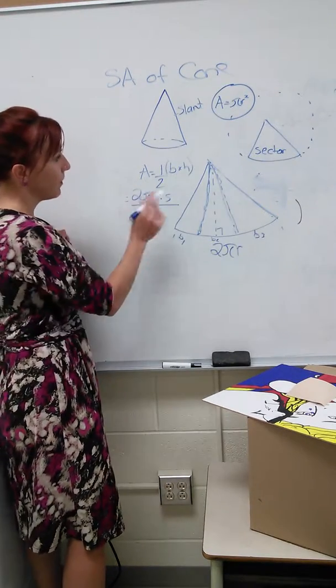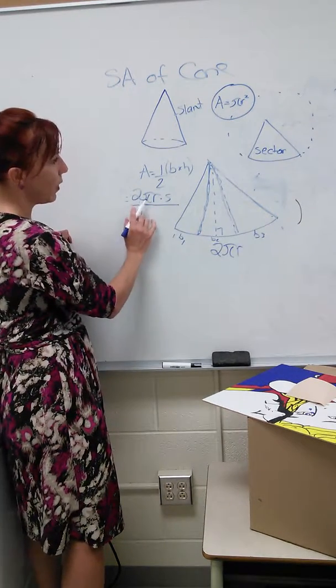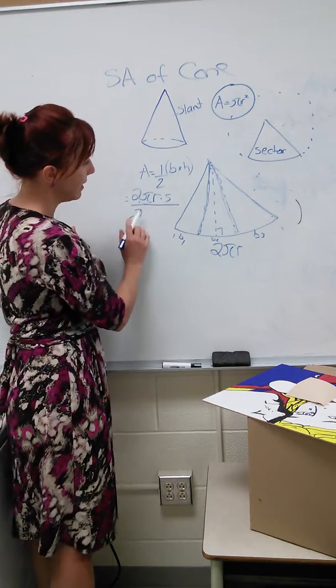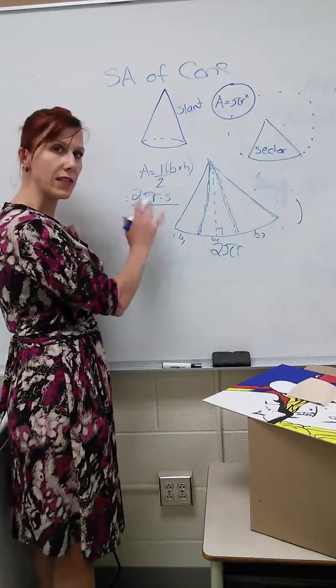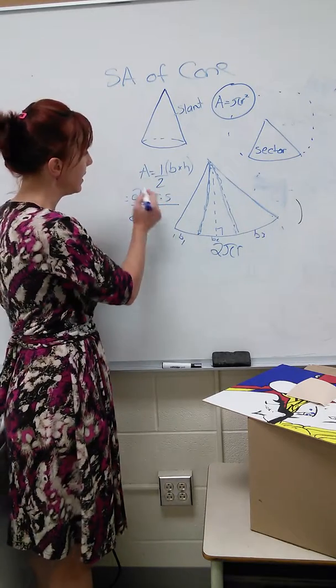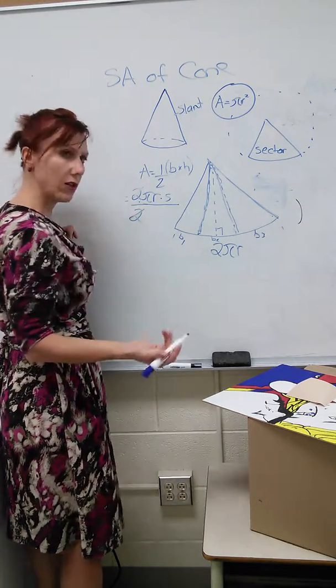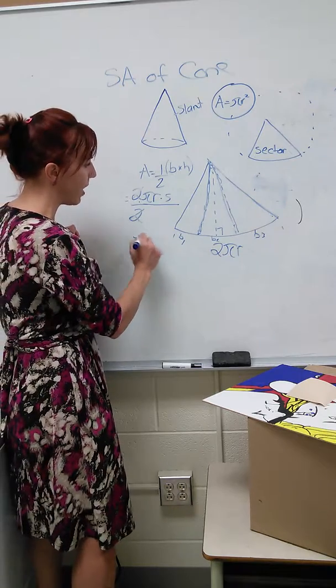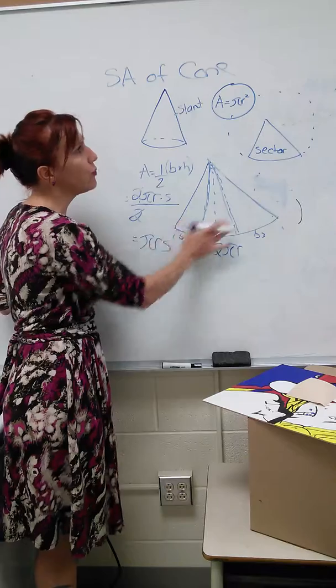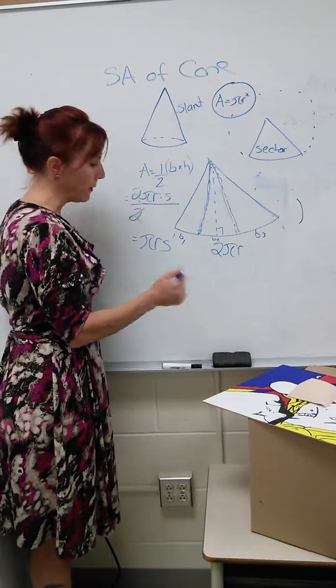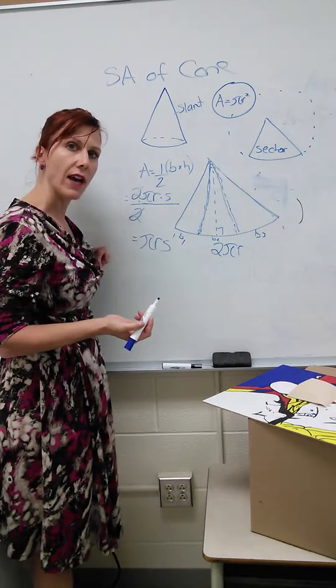So we have 2 pi r times s divided by 2. If we simplify this, we cross out our 2's and we end up with pi r s. So this is kind of a proof of a sector, showing why we end up with pi r s.